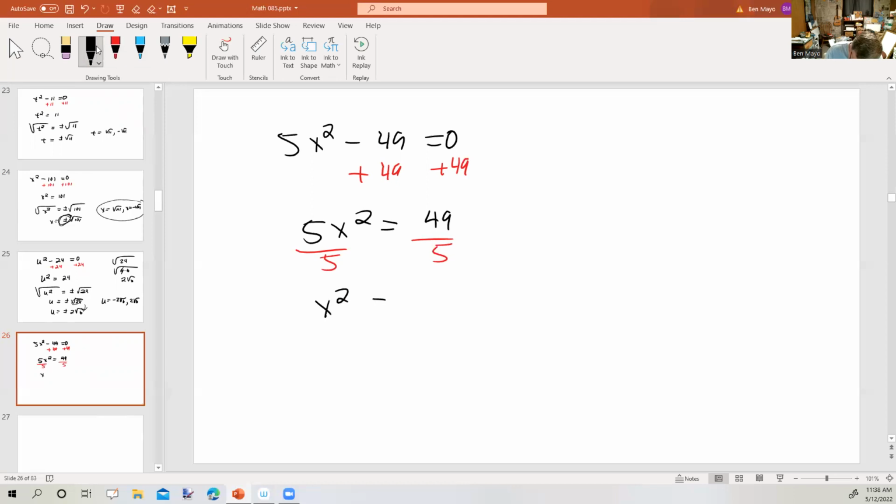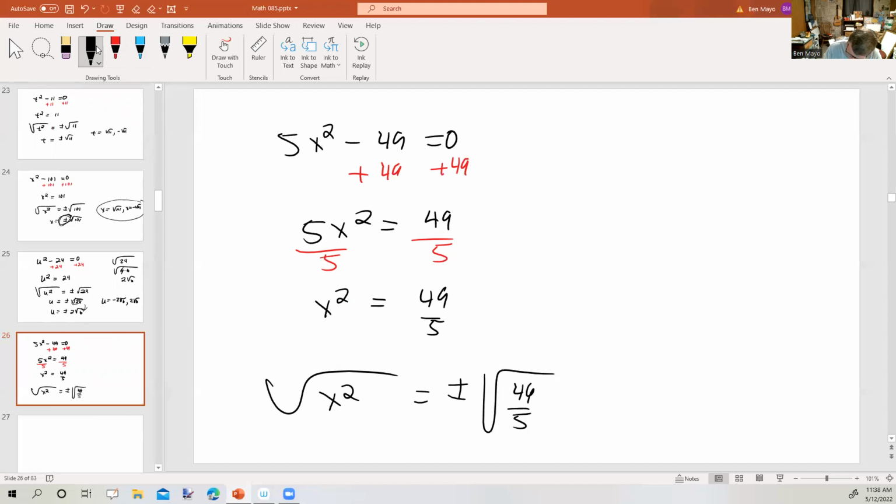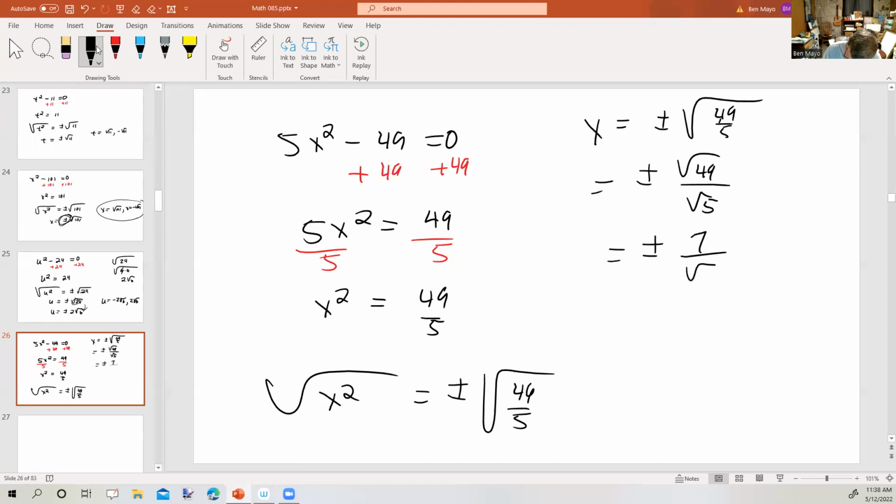So I've got x squared equals 49/5. Now I'm going to take the square root of both sides. So I get x equals plus or minus the square root of 49/5. But that's plus or minus the square root of 49 over the square root of 5, which is plus or minus 7 over the square root of 5 because the square root of 49 is 7.